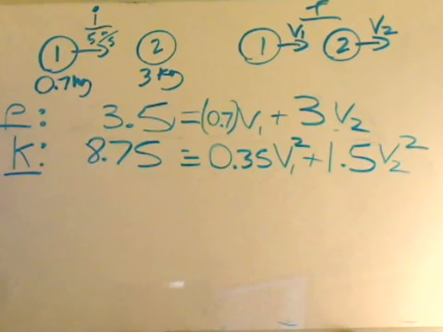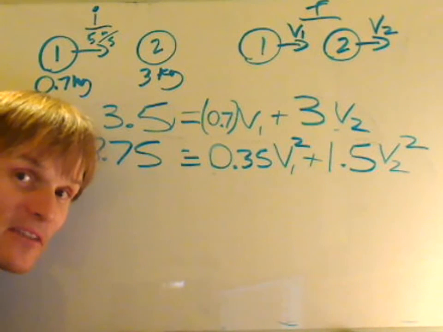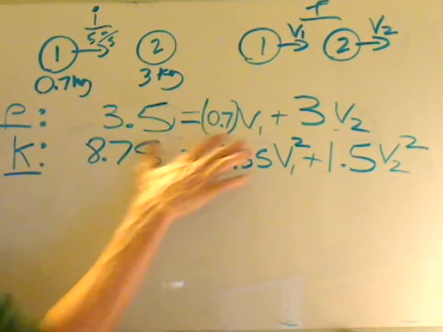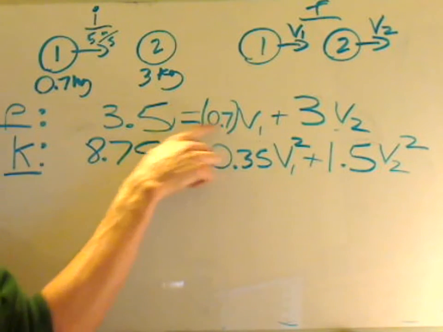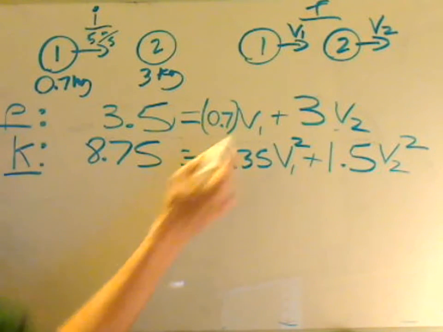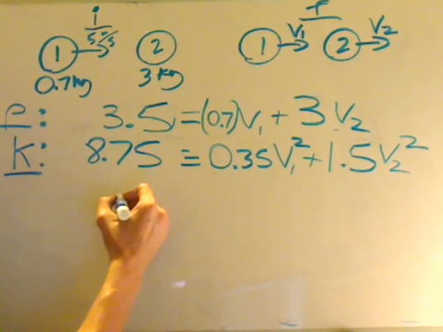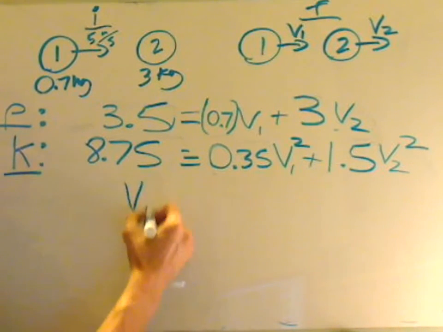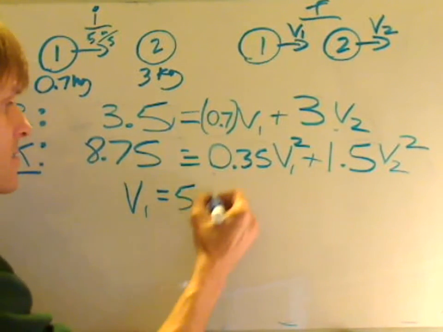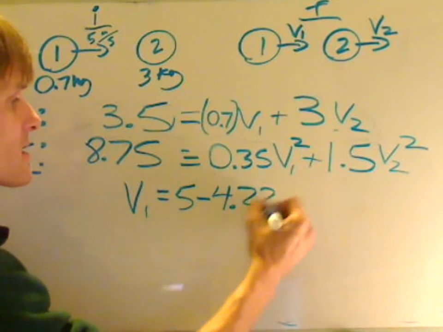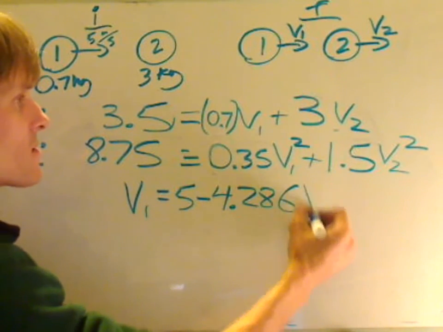So, 2 equations, 2 unknowns, and these can be kind of messy algebraically. The best way is to first solve one equation for one of the variables. I solved it for v1. What you get from the first equation is v1 equals 5 minus 4.286 v2.